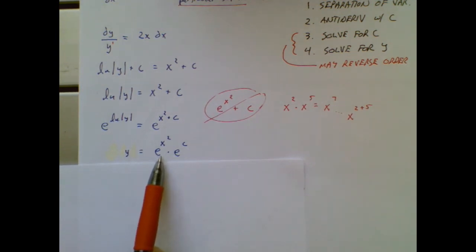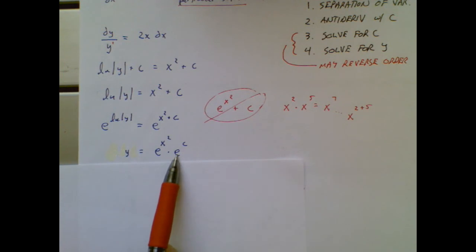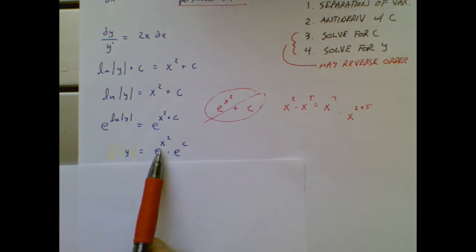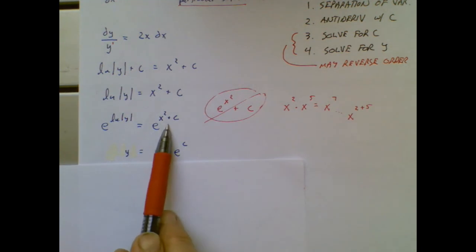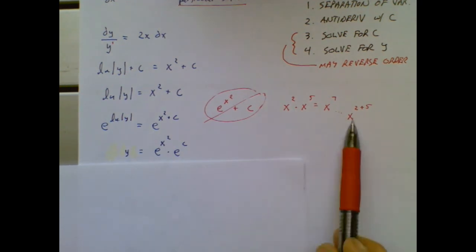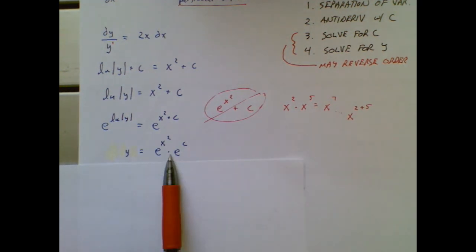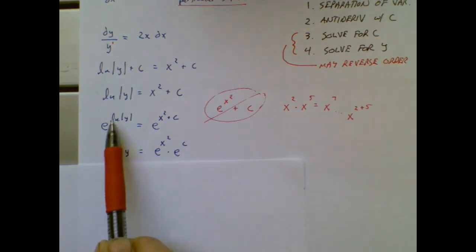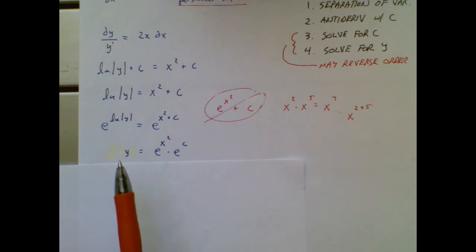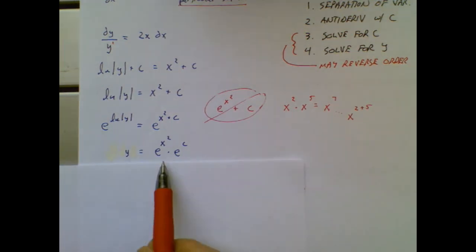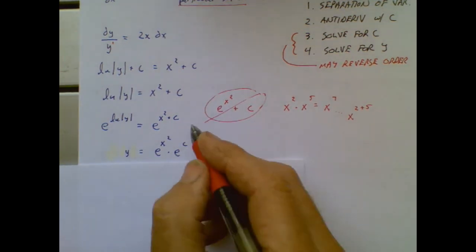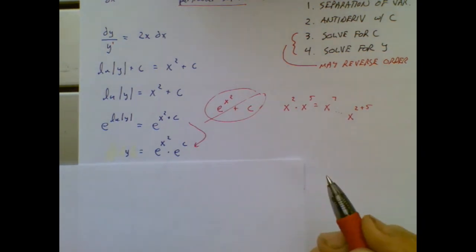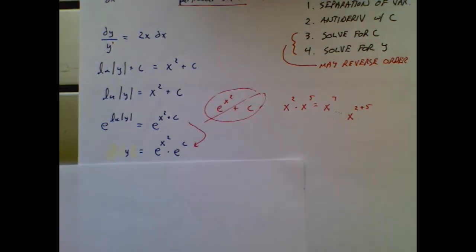If e to the something times e to the something was what I had, I would add the exponents. So I've done this algebra property in reverse. And in this case, the e to the natural log of y, the e and the natural log are inverse operations, so we just get the y. Pretty straightforward and tricky at the same time, that algebra property.